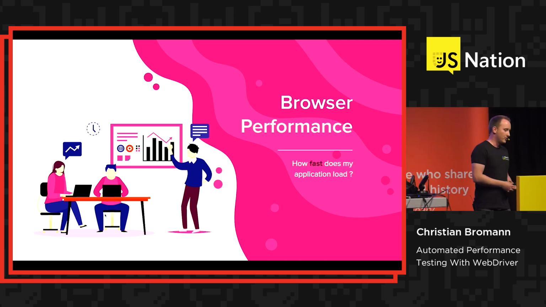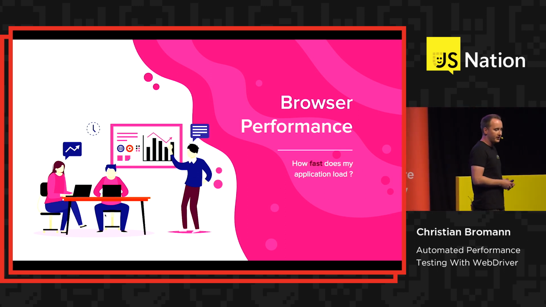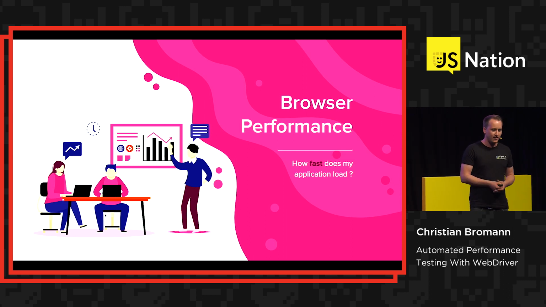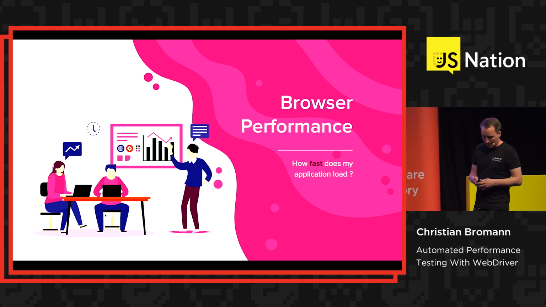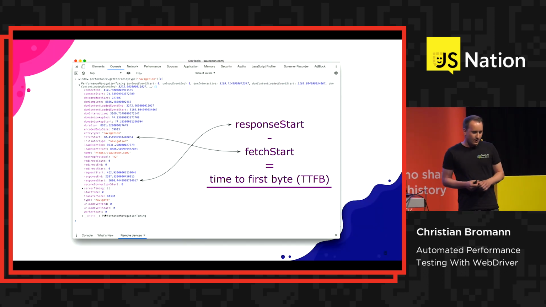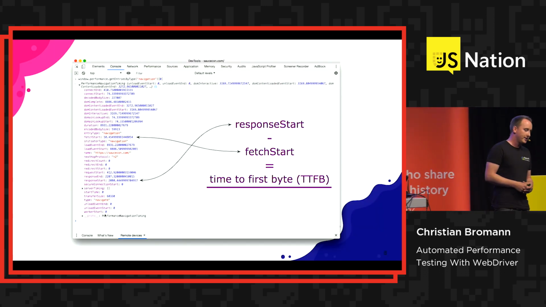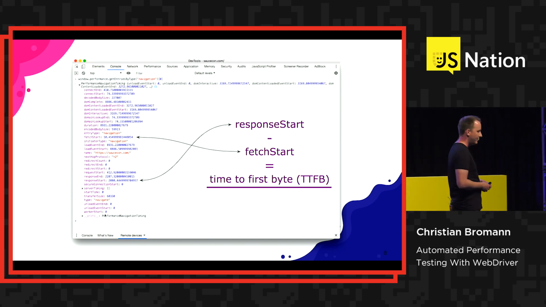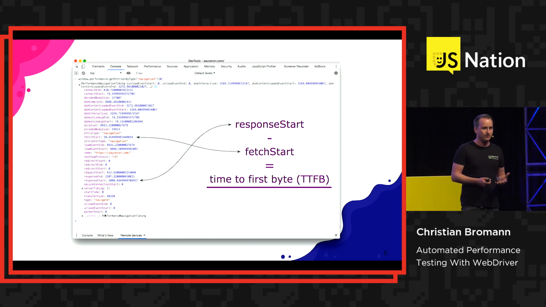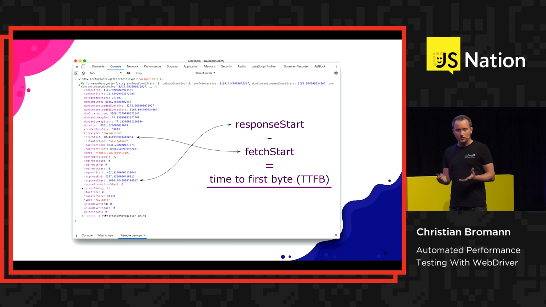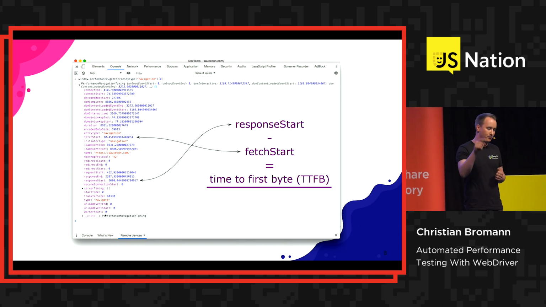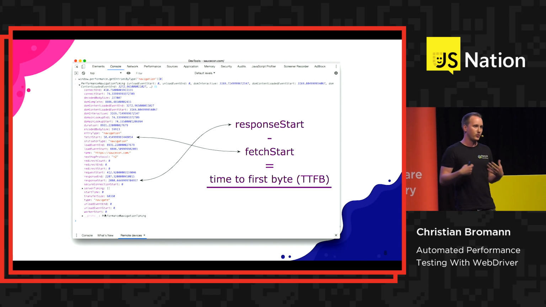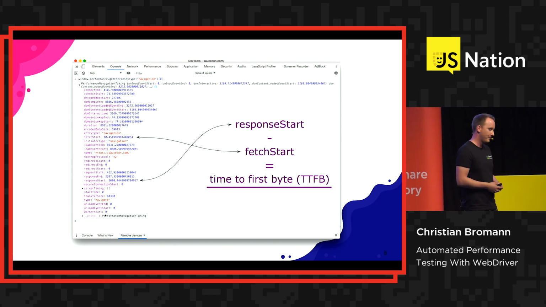So before we get into performance testing itself, let's look into what performance even means. What does it mean when I ask myself how fast does my web app load? One of the first metrics that we can look into is the time to first byte, and this metric is really impactful because it shows the duration that it takes when you press enter in your browser and your server responds with the HTML page.